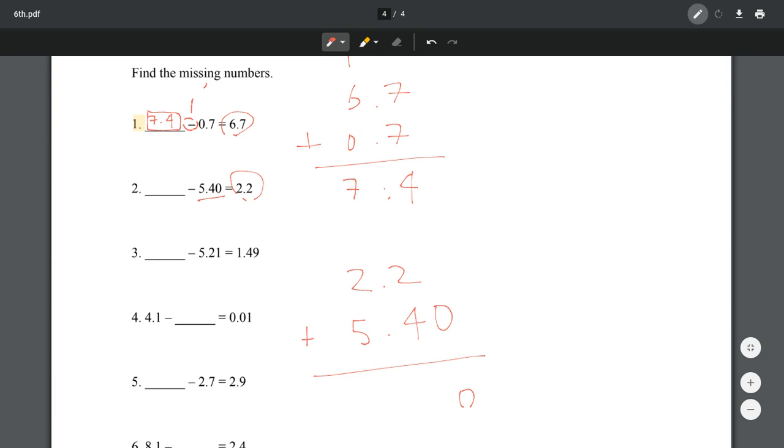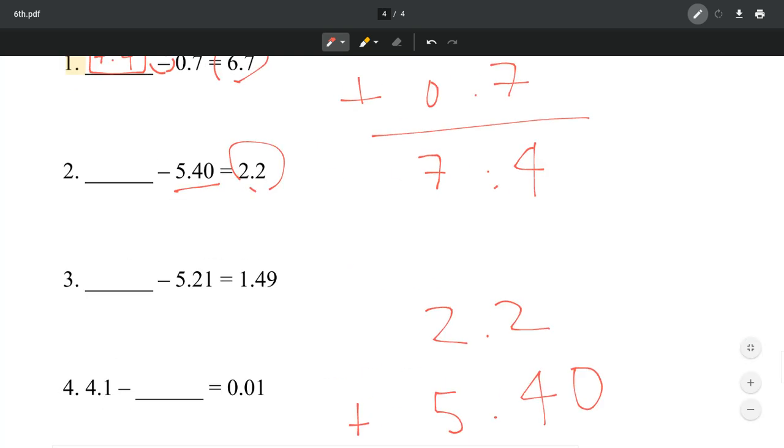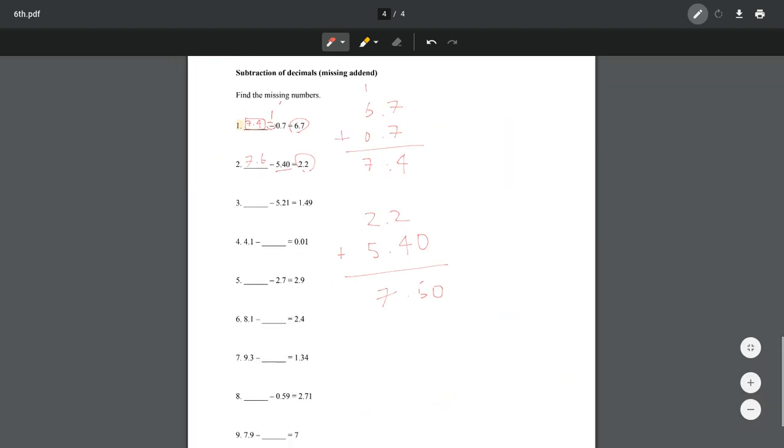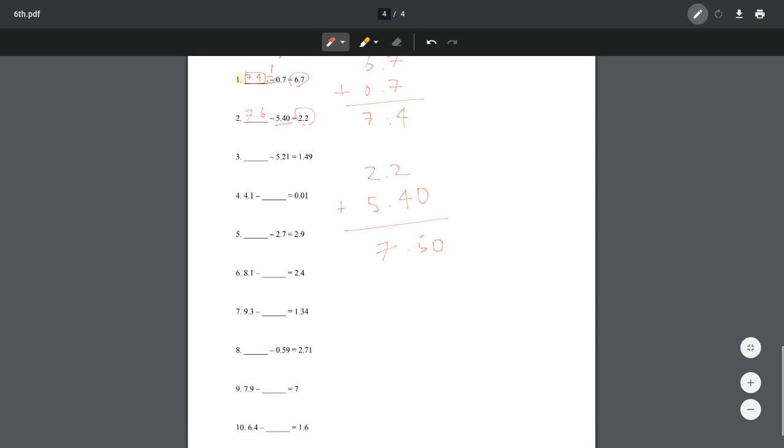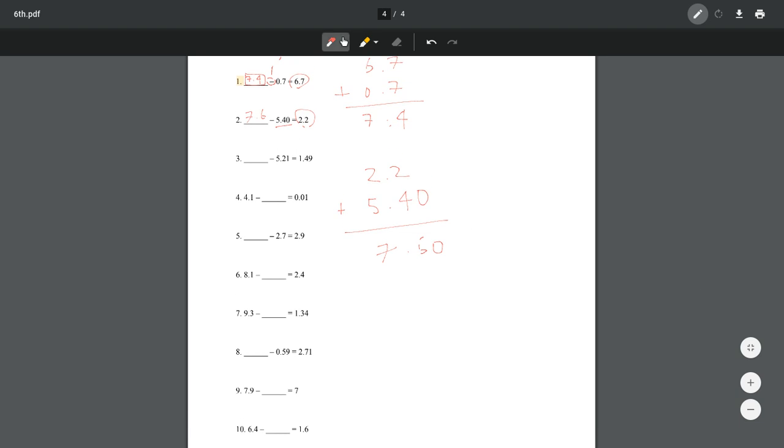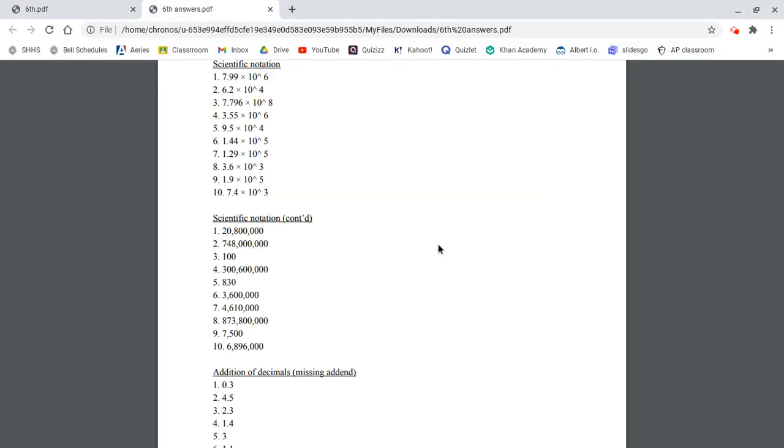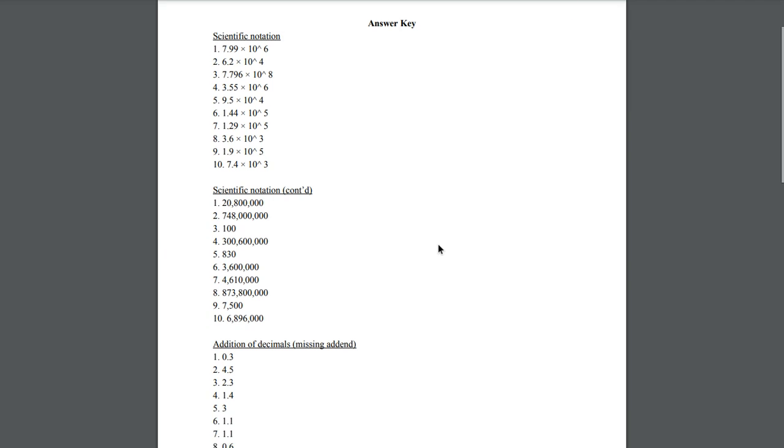We have to add. So we're going to add 6 point and then 7. So 7.6. That's it. So that's it, and here are your answers.